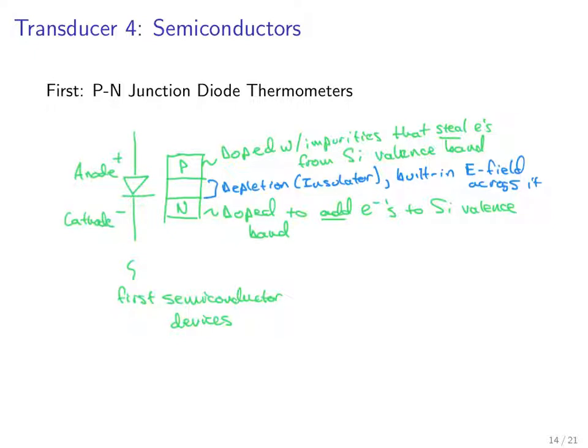And overall then, the curve that we get from this looks like this. This is the IV curve. So once you've applied enough voltage across it to cancel that electric field, current starts to flow. Okay, and this point here at which it starts to turn on is called the turn-on voltage.